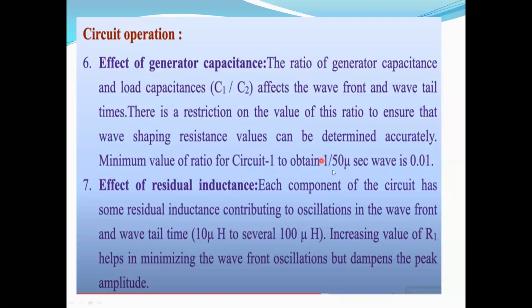To get this wave front time and wave tail time, the C1 by C2 ratio must be 0.01. Then only can we get 1/50 microseconds, that means wave front time 1 microsecond and wave tail time 50 microseconds.